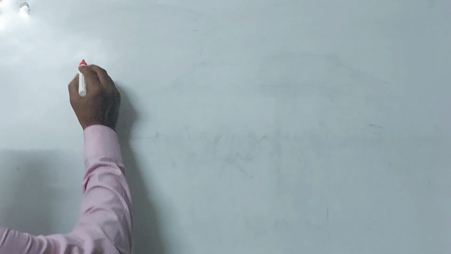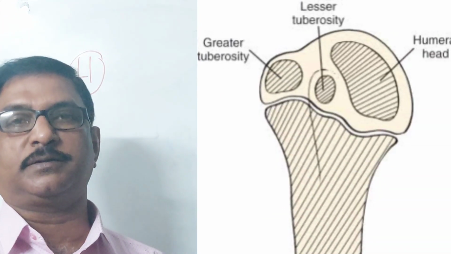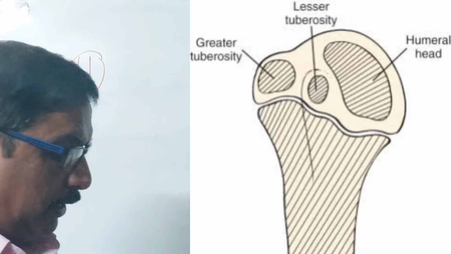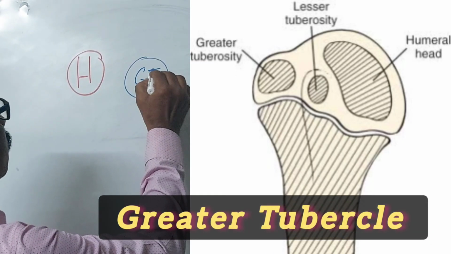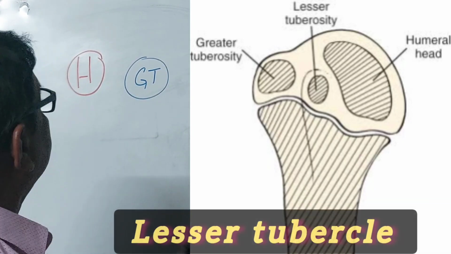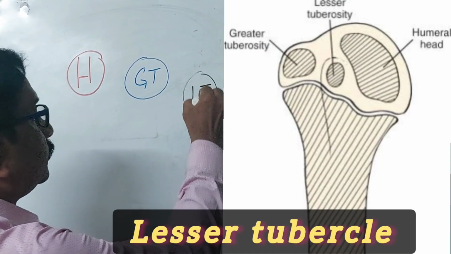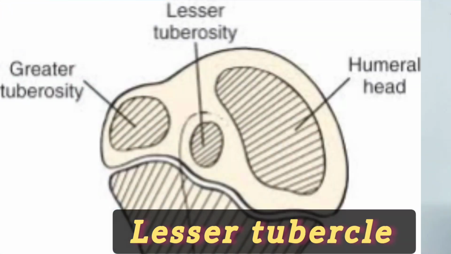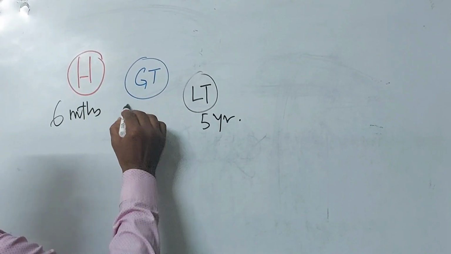For the head, it appears within the first 6 months after birth, the greater tubercle appears about 1 to 2 years after birth, and the lesser tubercle appears about 5 years after birth.